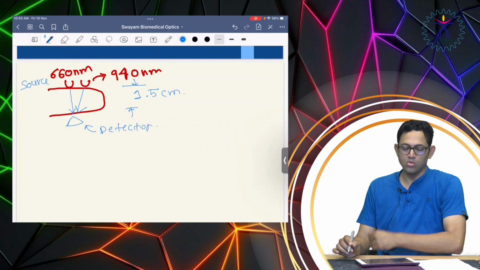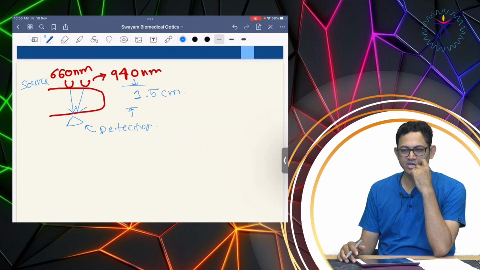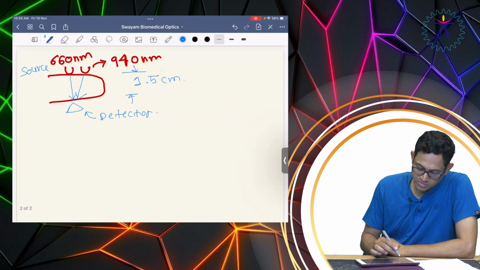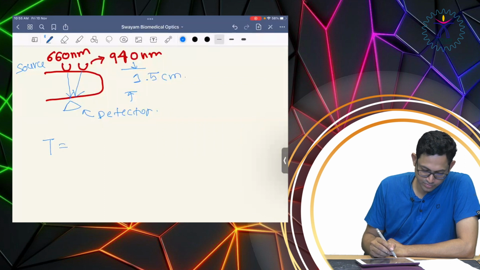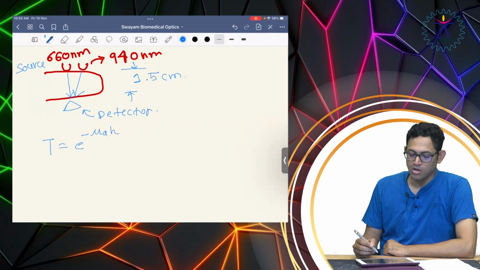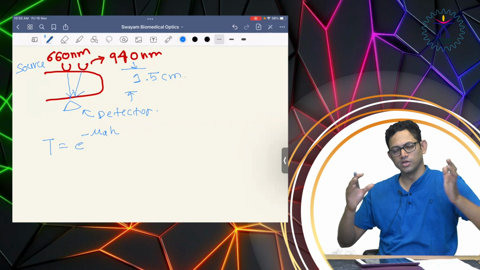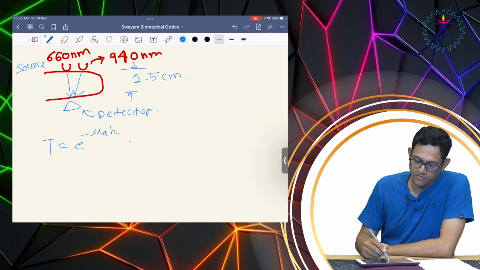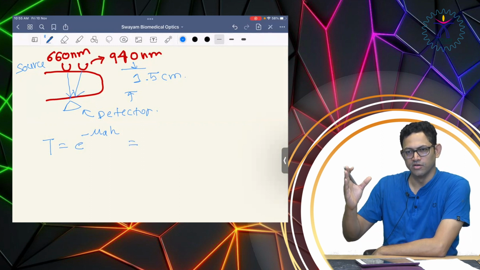Now in our earlier class we learned about the transmittance, which is given by the following equation. The transmittance is given as exponential of minus mu a into h, where mu a is the absorption coefficient and h is the thickness of the medium where the light is propagating. This is as a function of how it varies spatially.